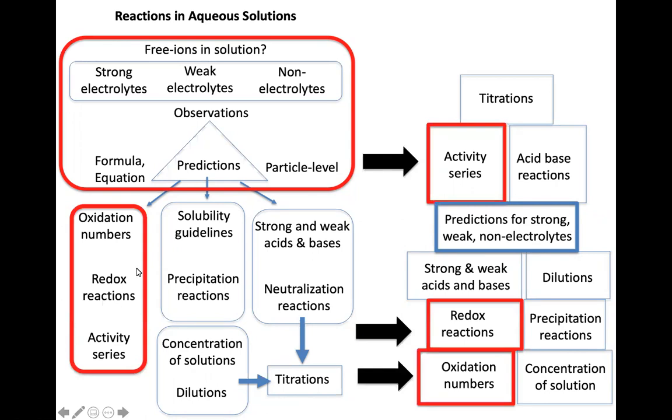And then we're going to look at this idea of oxidation reduction reactions. And we have 3 distinct skills that fit together there. Assigning oxidation numbers, using them to analyze redox reactions. Redox stands for reduction and oxidation. We'll look at that tonight. And then making predictions involving the activity series.